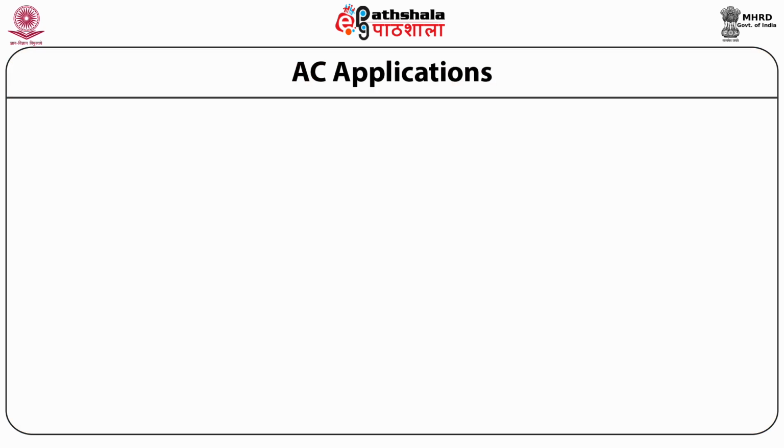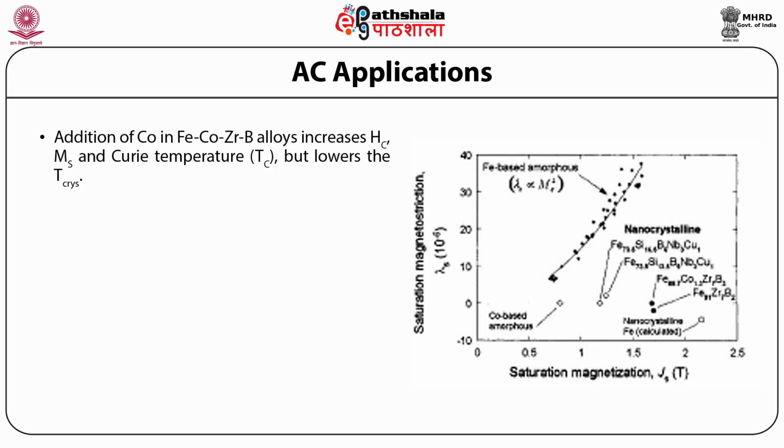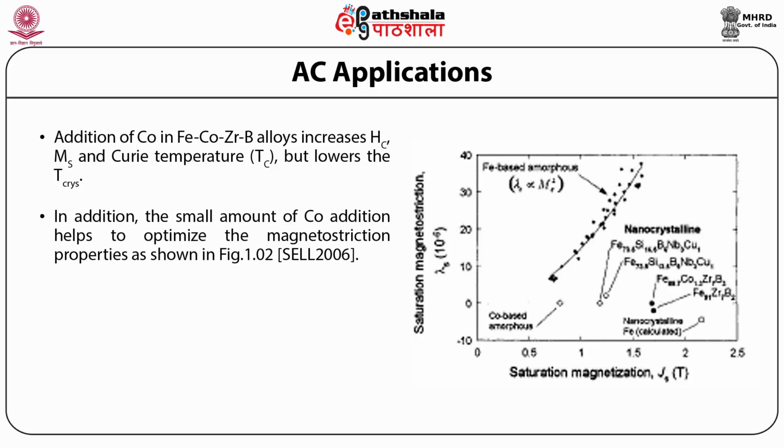Cobalt substituted iron-zirconium-boron alloy generally falls under the generic name HITPERM. Addition of cobalt in iron-cobalt-zirconium-boron alloys increases saturation magnetization and Curie temperature Tc, but lowers the crystallization temperature. In addition, the small amount of cobalt addition helps to optimize the magnetostriction properties, as shown in the figure below.